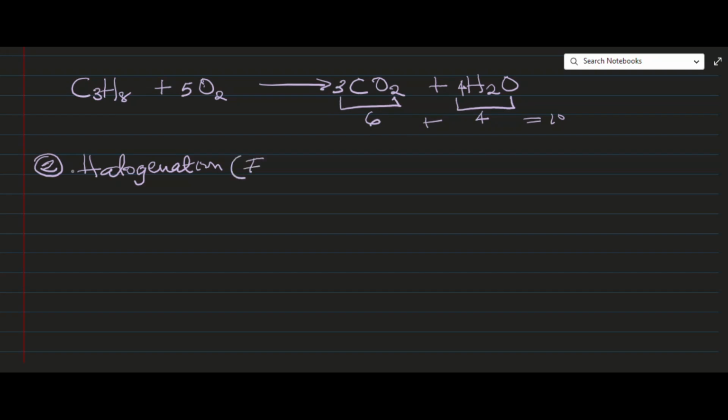So this one is a form of substitution reaction. It's a free radical substitution. Because another one we are going to meet later, that halogenation will not be substitution, it's going to be addition reaction.